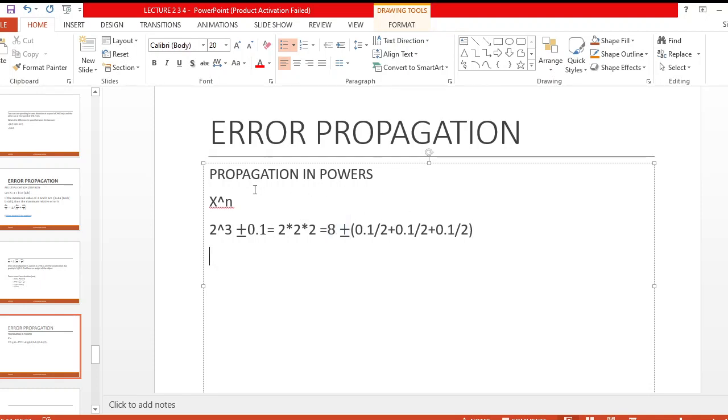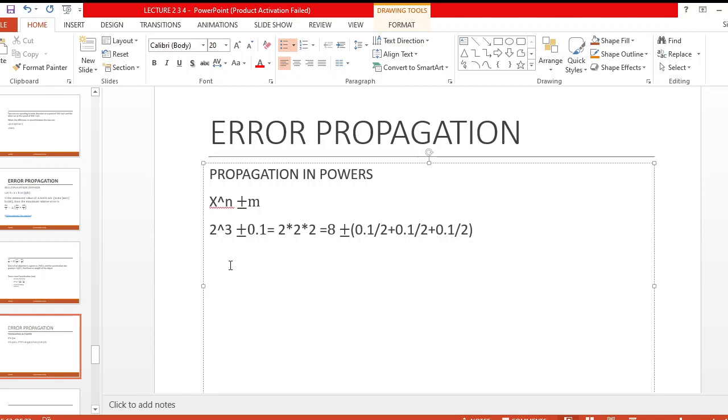Now to simplify the matter, I'll write an equation which may seem complicated, but the concept is the same. Let's say we have this kind of function, x raised to the power n plus or minus an error, which is, let's say, m.